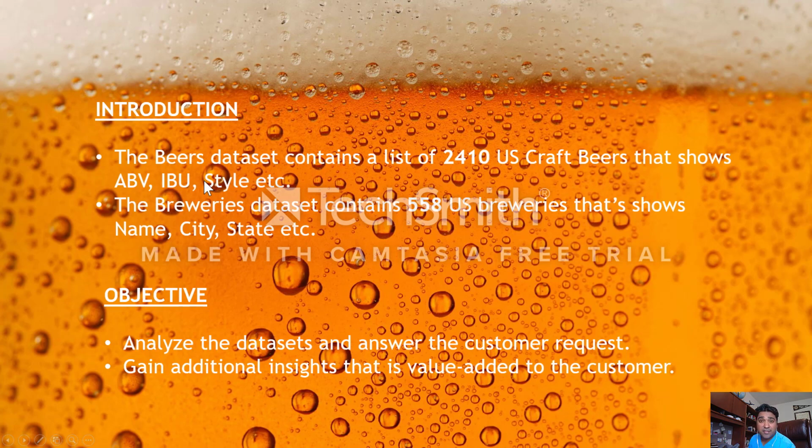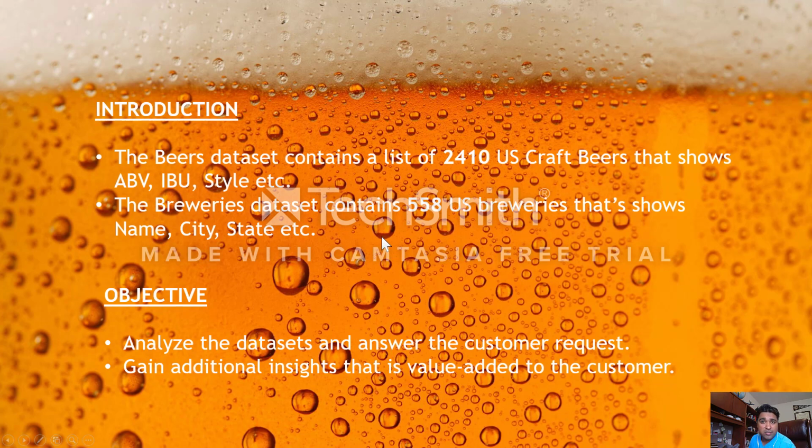So we have two data sets that we looked at. One's called the Beers data set. It has about 2,410 U.S. craft beers that shows different variables like alcohol content, bitterness unit, what style of beer it is, and all that. There's another data set called Breweries, and it shows the name of the brewery, what state and city it is from, and there are over 550 data points in that data set.